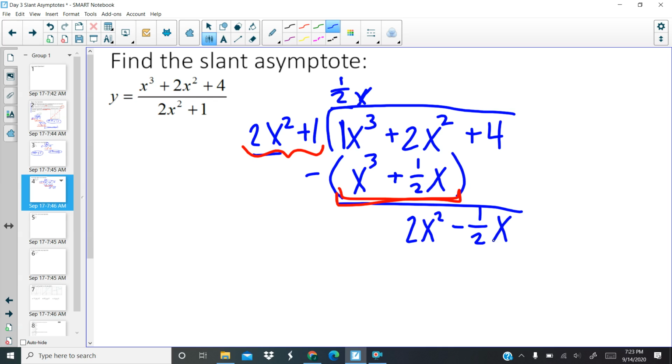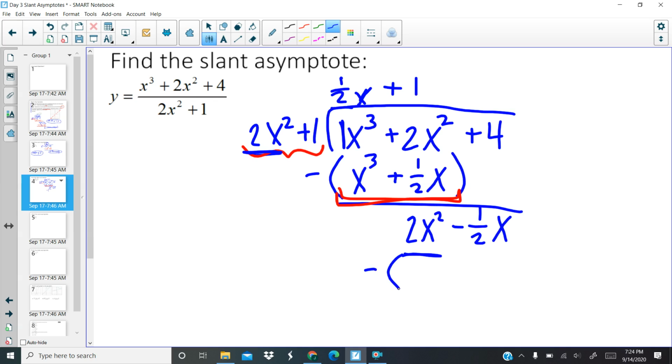And so then the next thing would be, how many times does 2x squared go into 2x squared? And the answer to that would be 1. If you multiply 2x squared by 1, you get 2x squared. So we need to add a 1 at the top here, and then we have to multiply that 1 by my whole thing, 2x squared plus 1, and subtract that out.